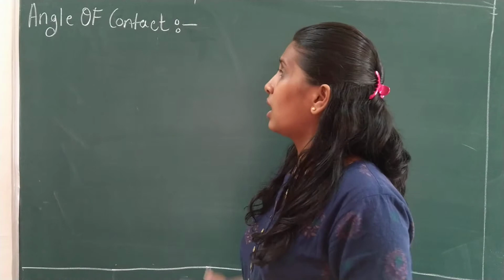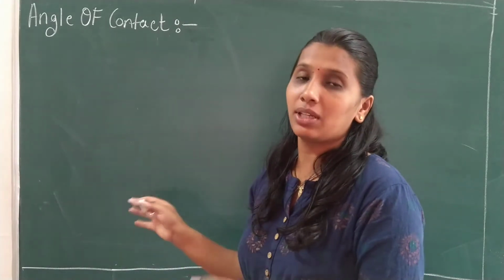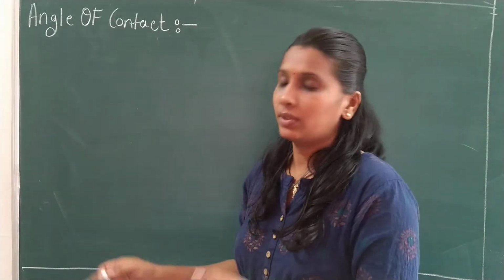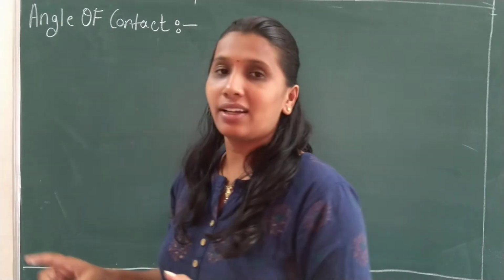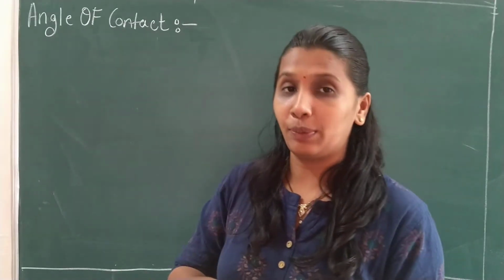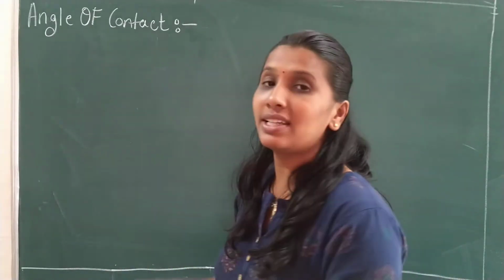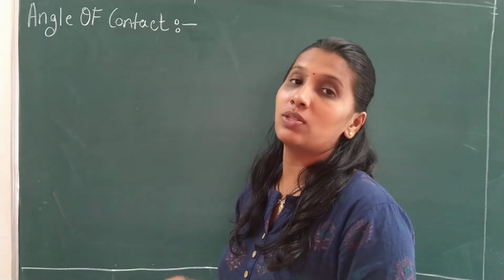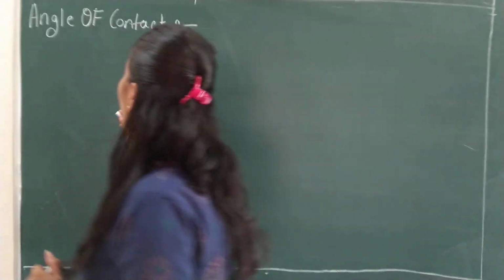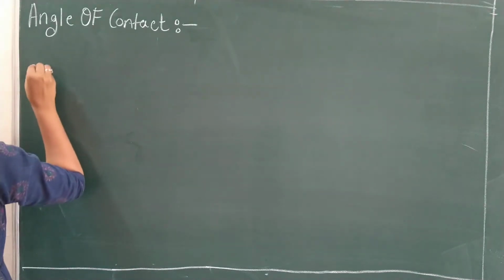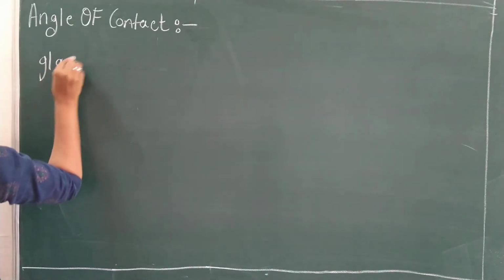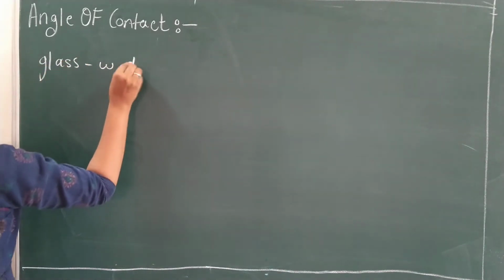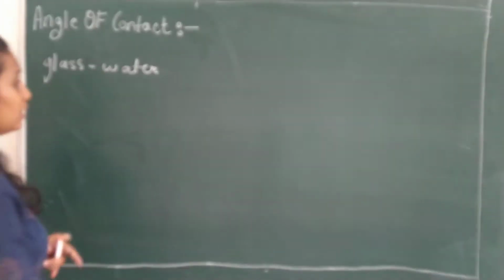But in this case, how is this angle of contact measured in any fluid? If I take a pair of solid and liquid, suppose my solid is glass and my liquid is water. So first we will have a glass-water pair.